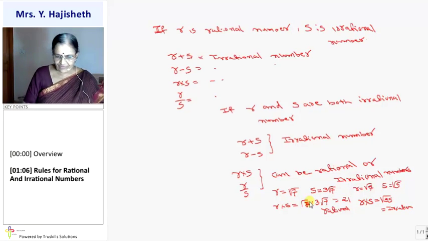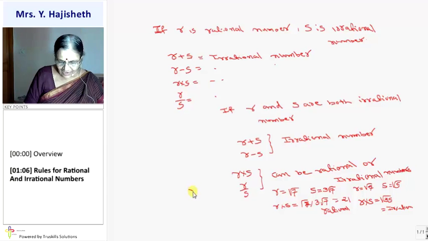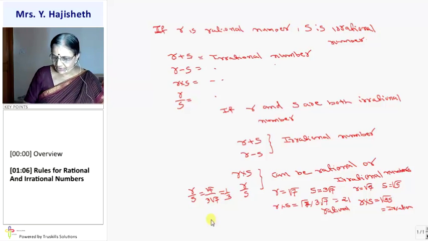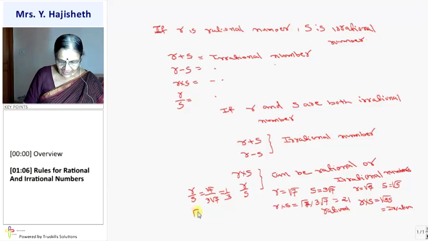Clear? Same way, suppose R is root 7 and S is 3 by root 7. Then R by S is root 7 upon 3 root 7, so it is 1 by 3. So rational. And suppose R is root 7 and S is root 5. Then R by S is root 7 by root 5.